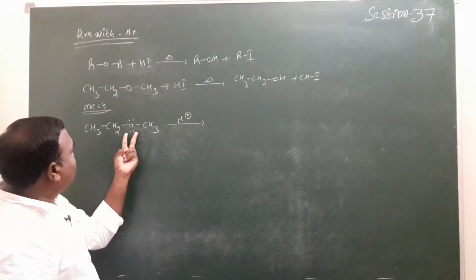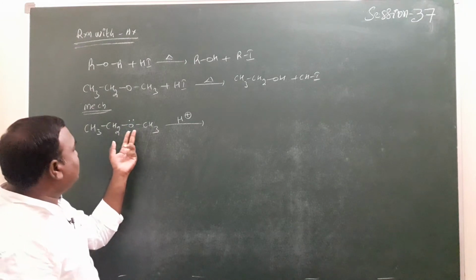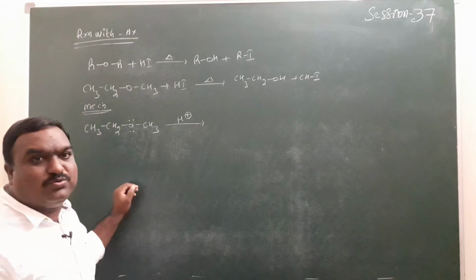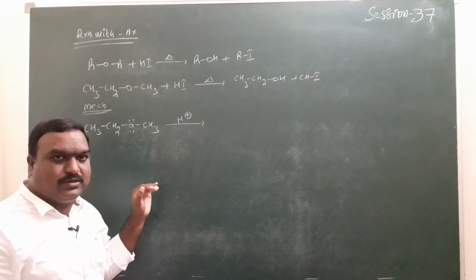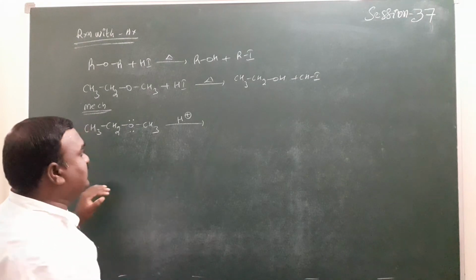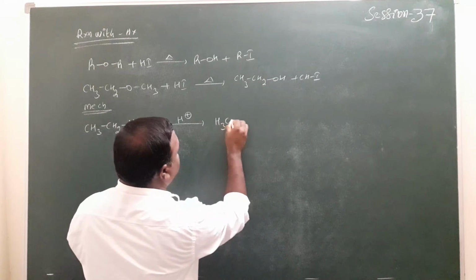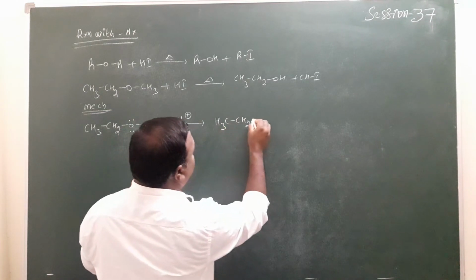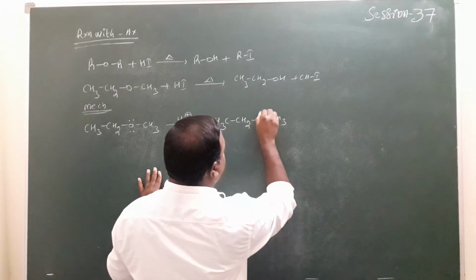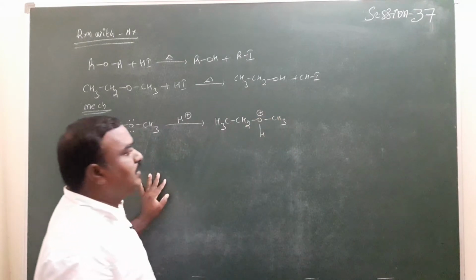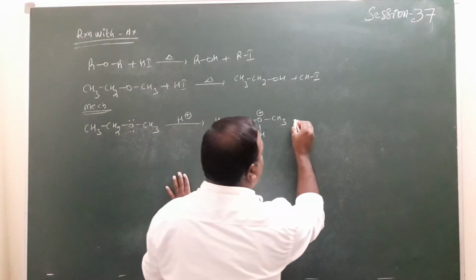Oxygen in ether carries 2 lone pairs, and ethers are generally called Lewis bases. We have already discussed that concept. The lone pair migrates towards H plus, then forms the bond. Now here CH3CH2O CH3 with H plus. An oxonium ion is formed here.